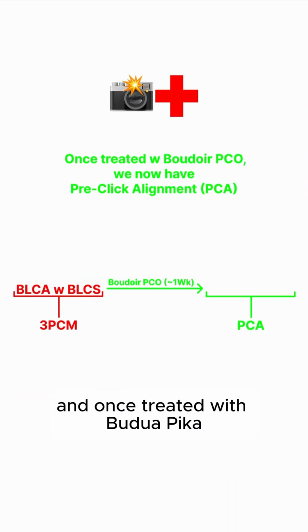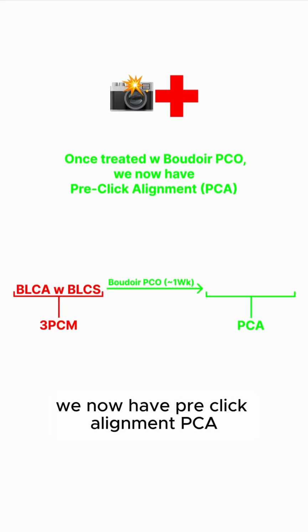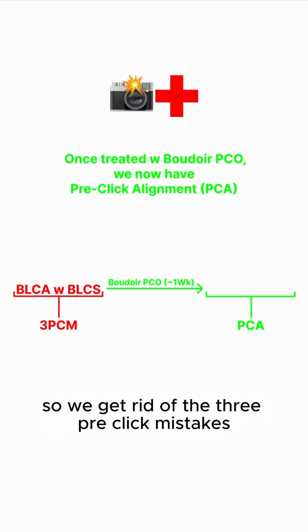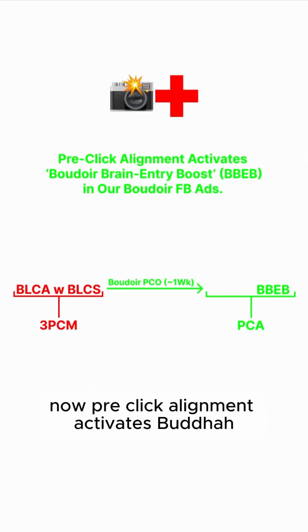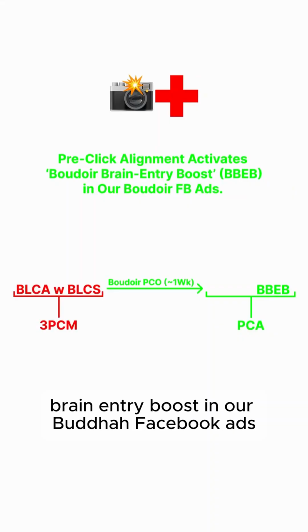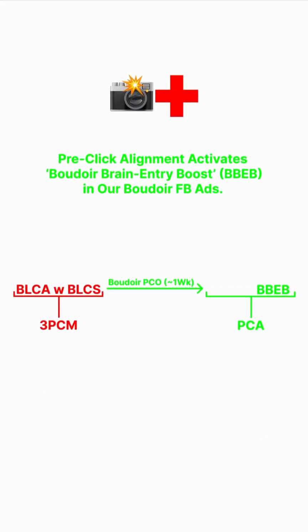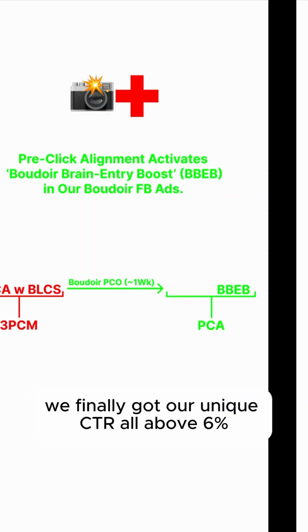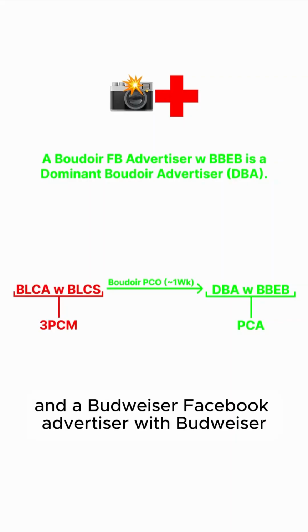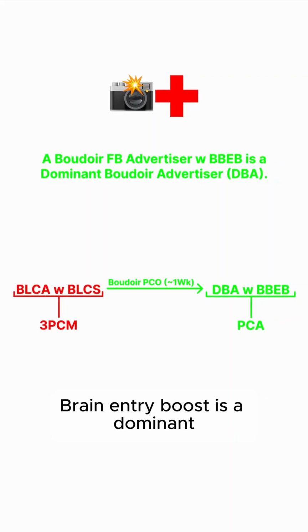Once treated with Boudoir Pico, we now have pre-click alignment, PCA. So we get rid of the 3 pre-click mistakes, and instead we achieve pre-click alignment. Pre-click alignment activates Boudoir brain entry boost in our Boudoir Facebook ads. It basically means we finally got our unique CTR all above 6%. And a Boudoir Facebook advertiser with Boudoir brain entry boost is a dominant Boudoir advertiser, a DBA.